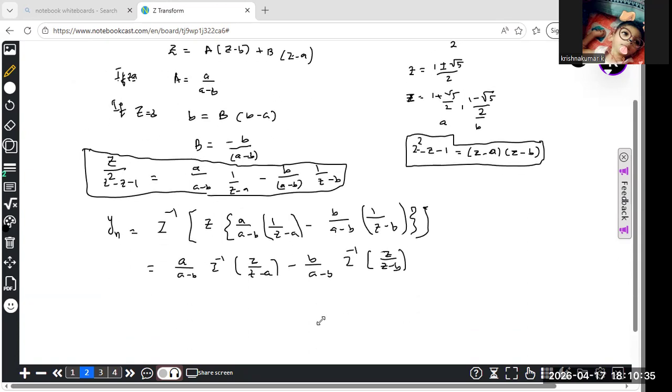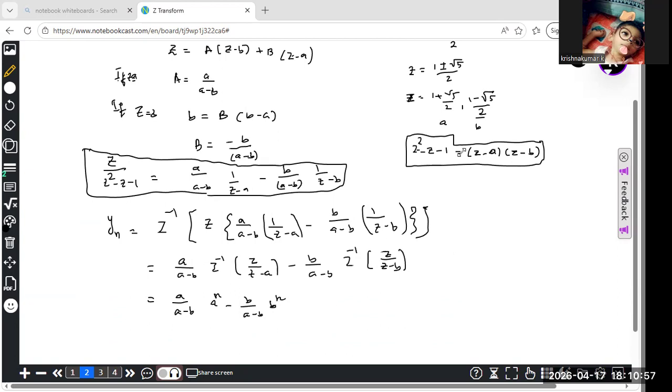Now this will be equal to a by (a minus b), and z inverse of z by (z minus a) will be equal to a power n. Similarly minus b by (a minus b), the z inverse of z by (z minus b) is b power n.